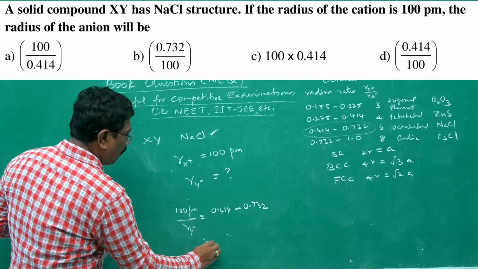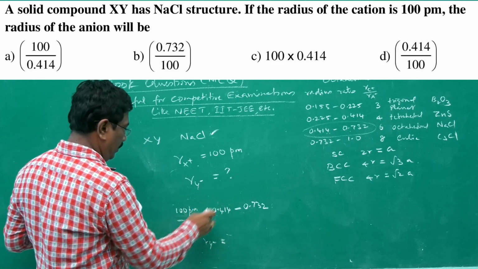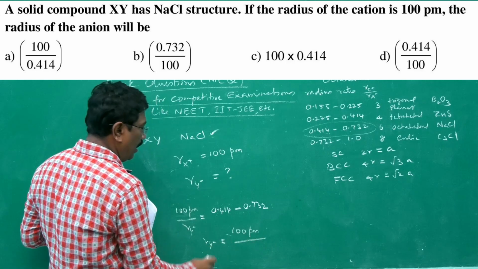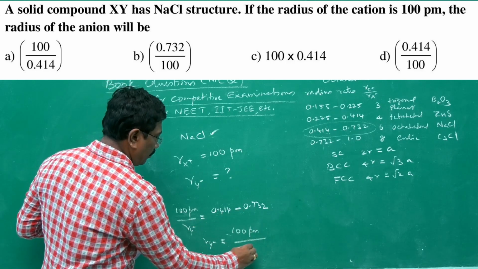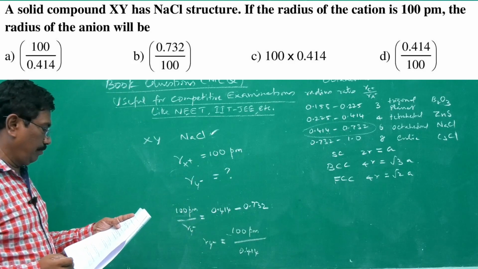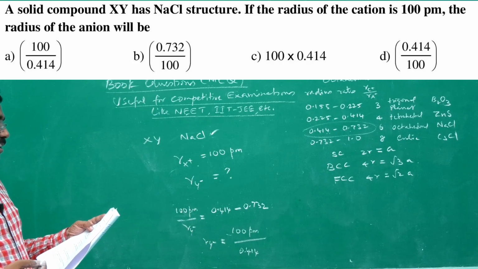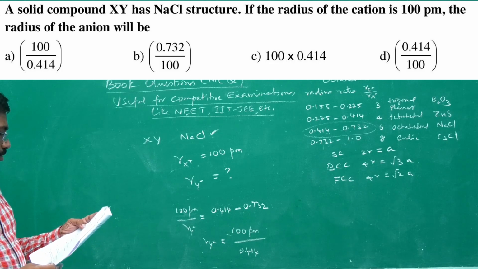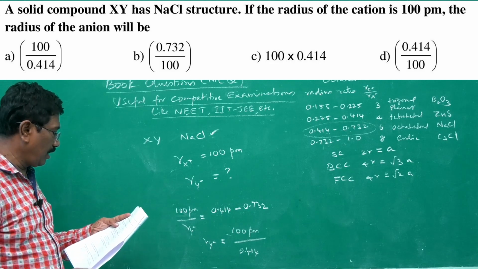So Ry minus is equal to 100 picometer divided by either this number or that number, or any number in between. If it is given, that is the option. So the only option is A. The option A is 100 by 0.414. So option A is the correct one.